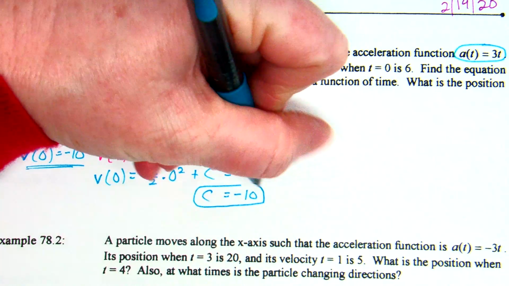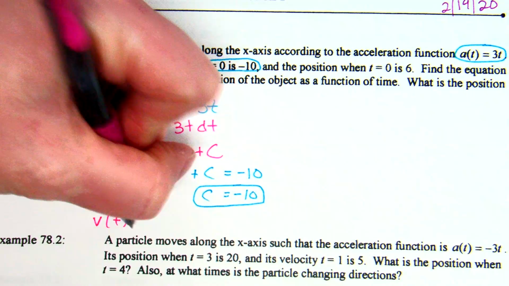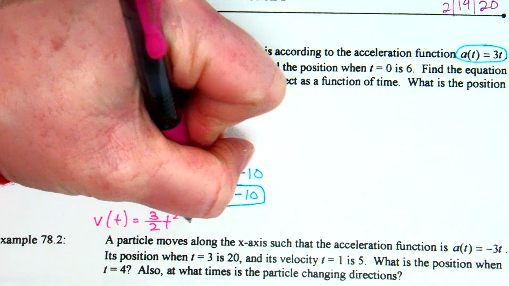I show that process because if time is something other than 0, you're going to have to do a little bit of work to find the c. It won't just be that number given. So what is my velocity equation? 3/2 t squared minus 10. There's velocity.